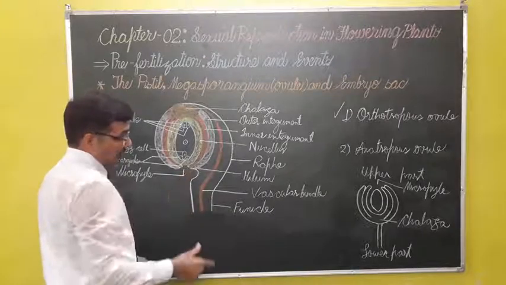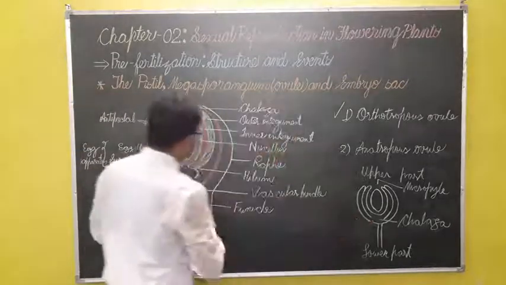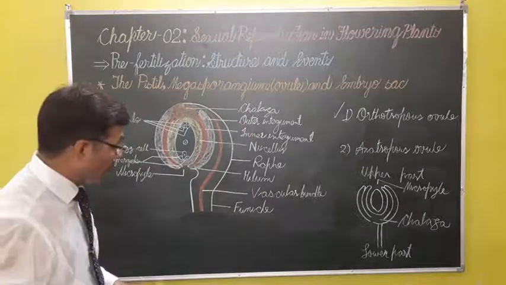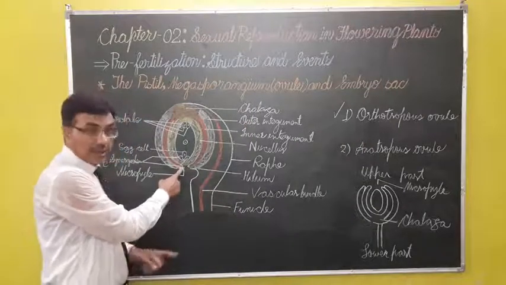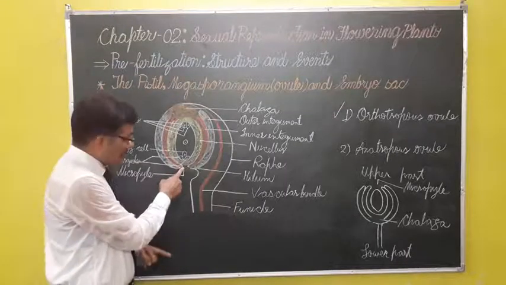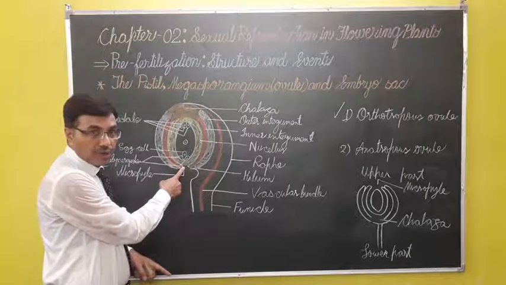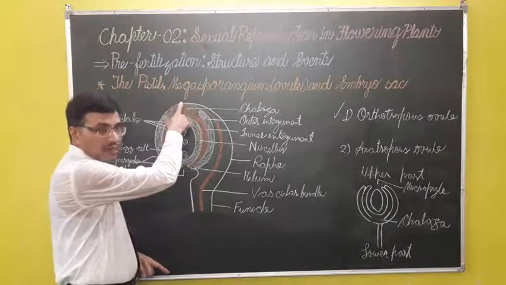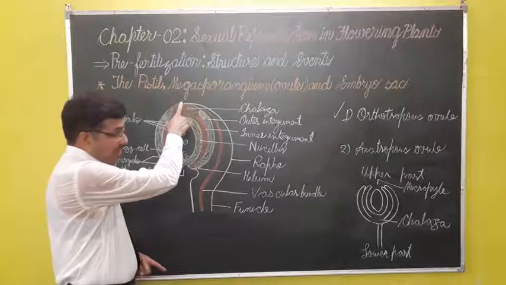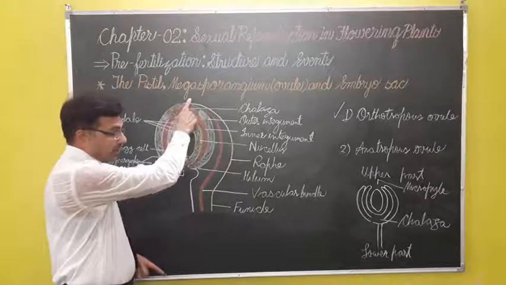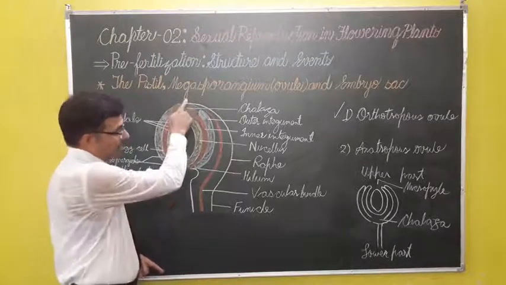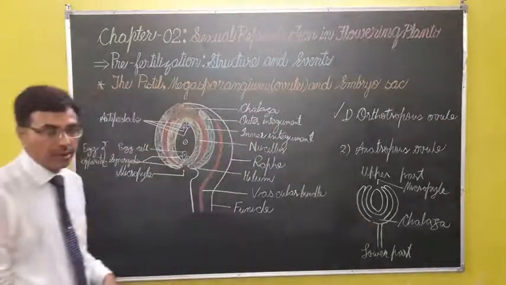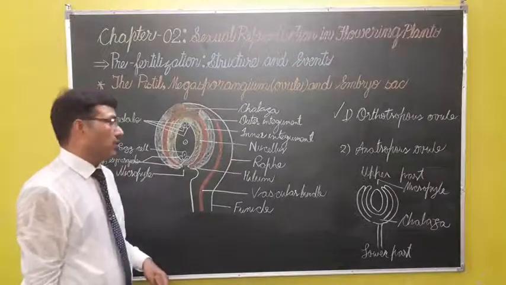And the chalaza is shifted upward. But this time also, this is the upper part, it will not change at all. This upper part of the ovule always shows the micropyle, and this lower part always shows the chalaza. The concept of the upper part and the lower part is taken from this orthotropous ovule, right?